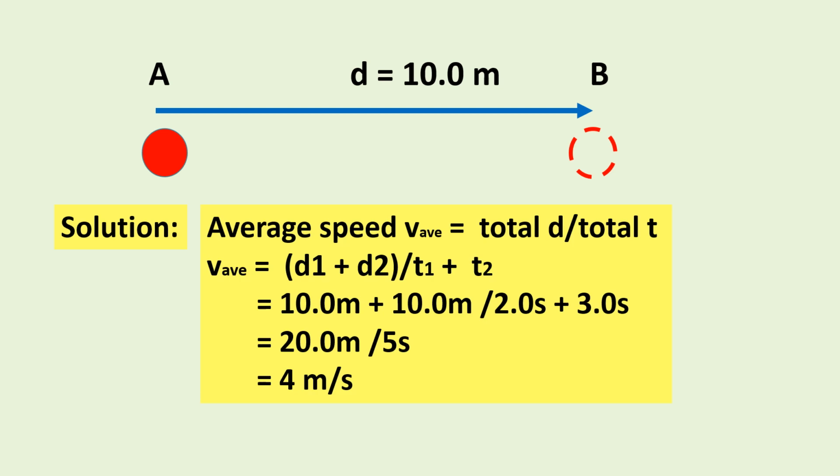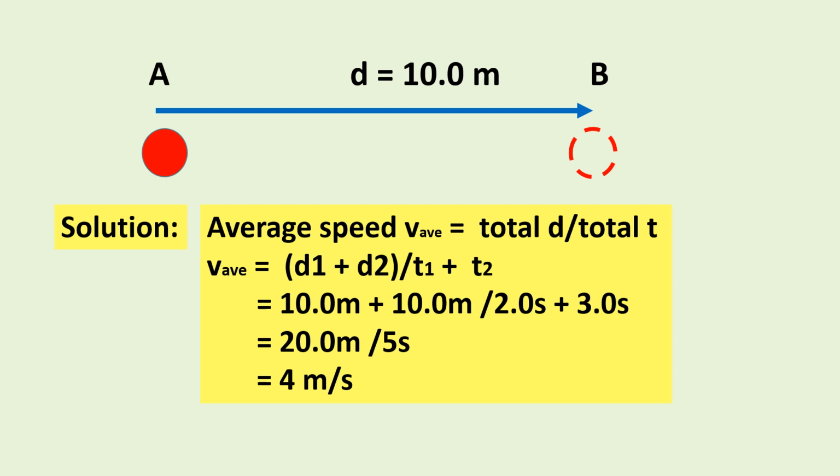Getting the average speed, which is equal to the total distance traveled, regardless of the direction, divided by the total time, and plugging in the values, we have 10 meters for the first distance, plus 10 meters for the other distance, d2.